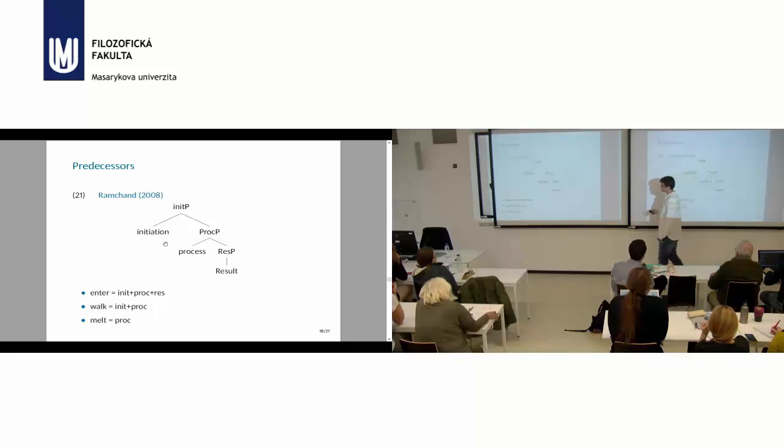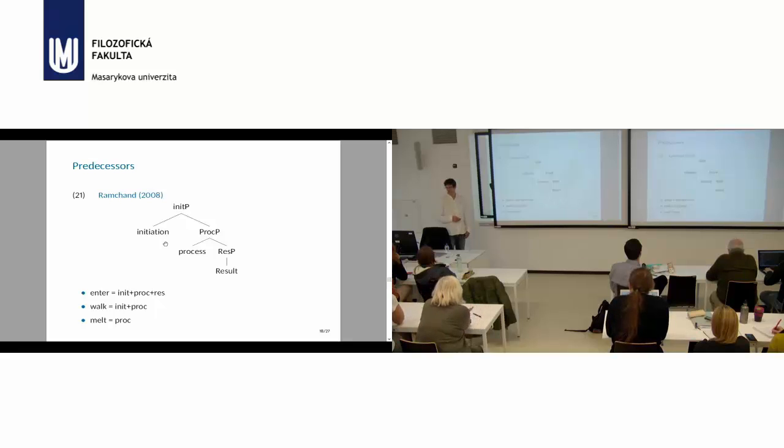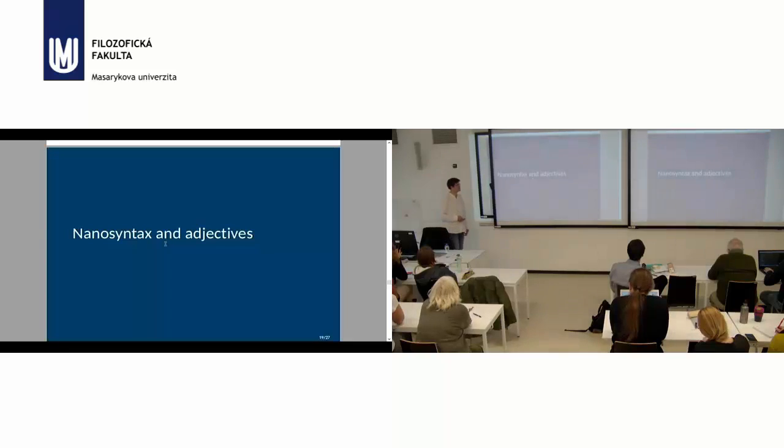So you should go read her book because it's, of course, much more complicated than what I just said, but there's the predecessor. Okay? The important point is there is no verb, there is no root. Okay? There are just simple denotational functional primitives like state, process, and initiator.